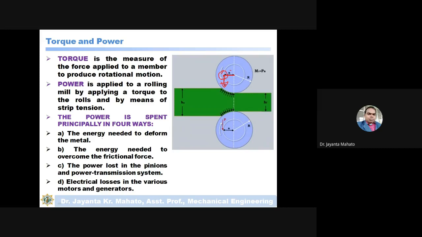The energy needed to deform the material, the energy needed to overcome the frictional force, the power loss in the pinions and power transmission in the system, and the electrical losses in the variation motors and generators also have to be considered in this case.